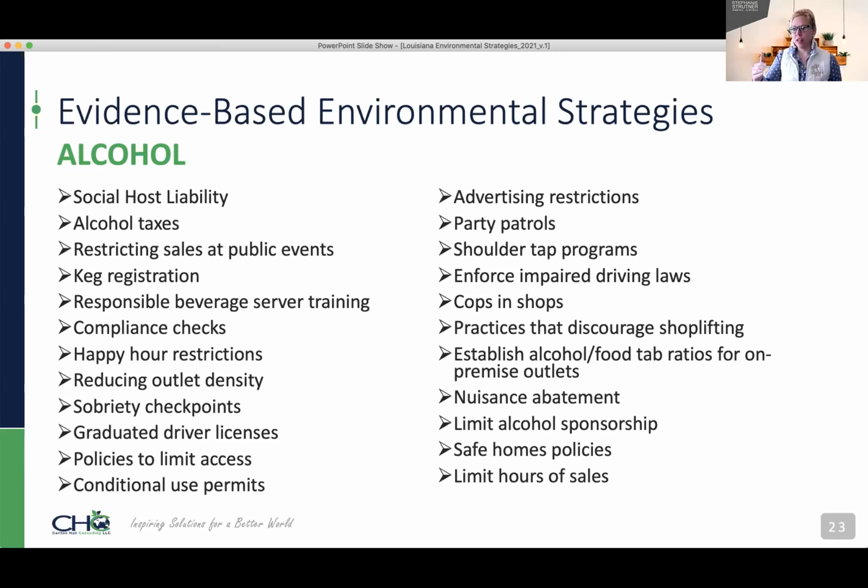Here are some things that you could do to say no, and here's why you should say no. There's a lot of things that you can do around that. But the premise of a shoulder tap program is to prevent underage people from asking a stranger to go in a store and buy them an alcoholic product.